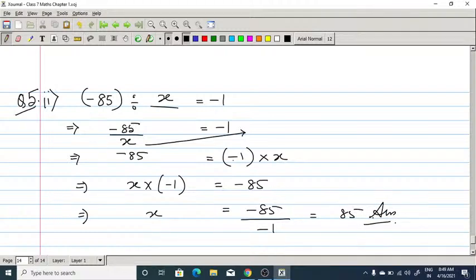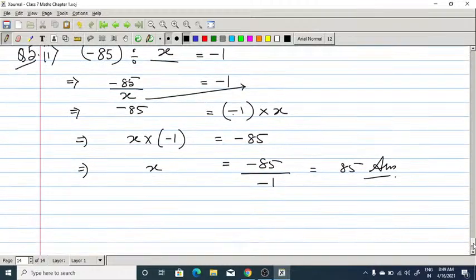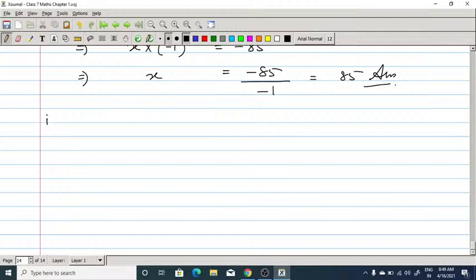So this is the long process. What is the short one? This is using equations of algebra. Let us do the shortcut way. Since you are a grown up now, you are in class 7, so you can do something orally also. The question was minus 85 divided by something is equal to minus 1. First let us look into the magnitude and then I will do the sign part.